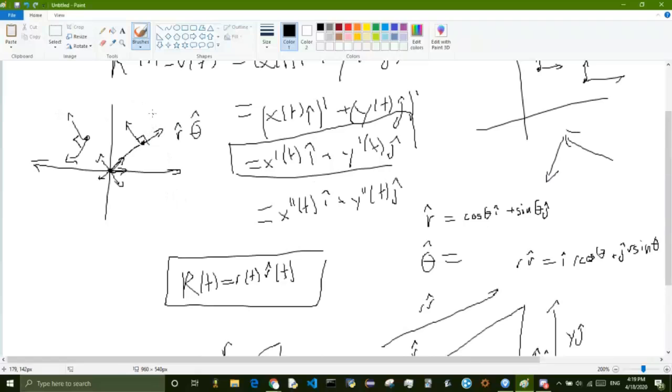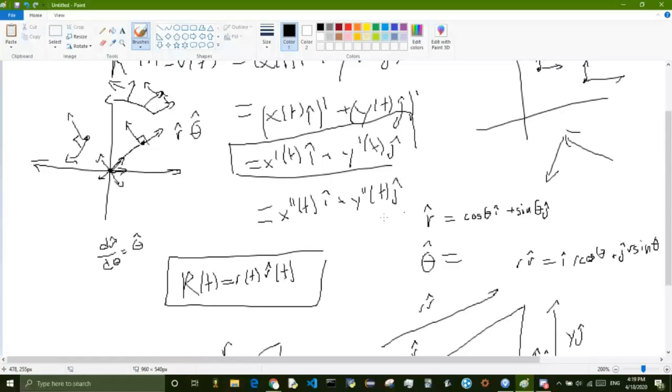If you look at a curve of constant r, and you're simply changing theta, how does r hat change? Well, r hat simply changes by moving in the theta hat direction. So from this, we know dr hat d theta is equal to theta hat.